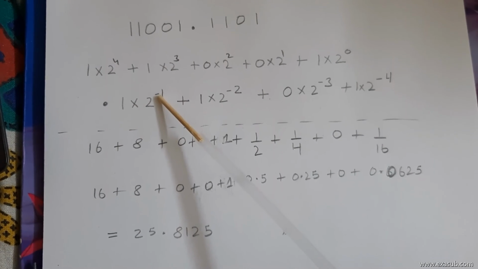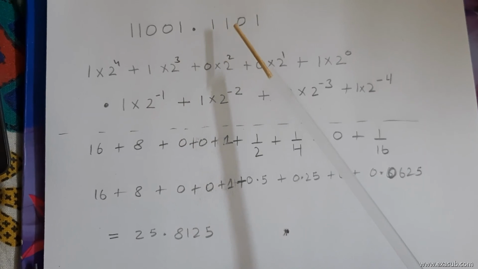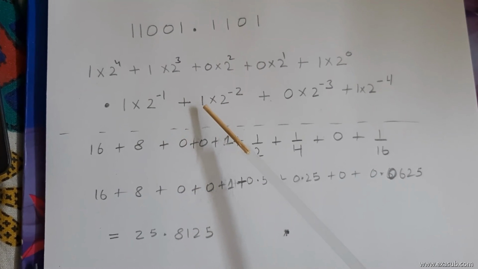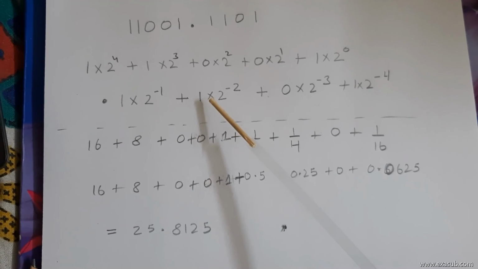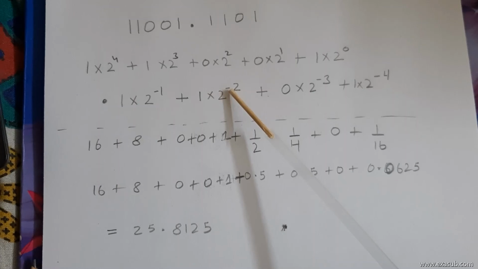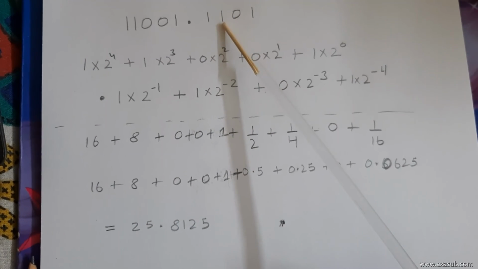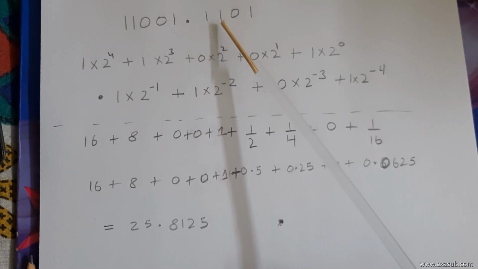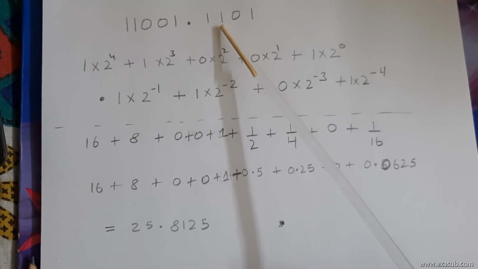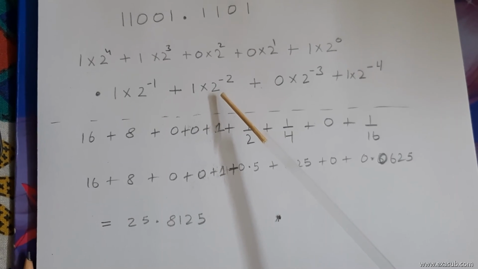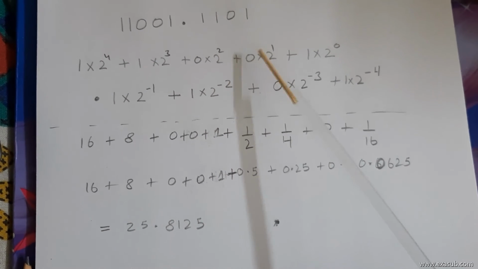So 2 raised to the power -1, and for the next 1 we have 1 as face value and 2 raised to the power -2. This -2 comes from the positional value, as this is the second digit from the point. Similarly it goes on.